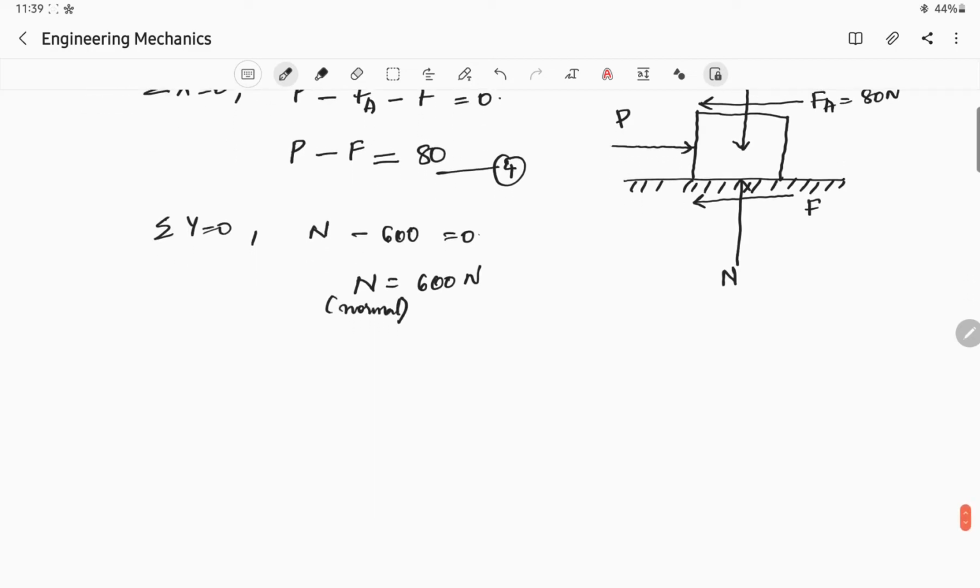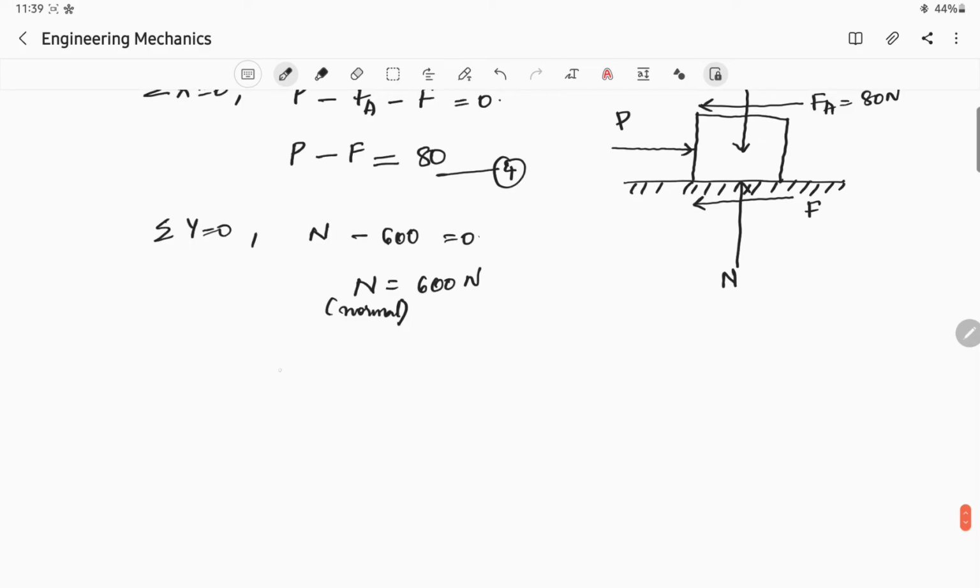Okay, next we have F is equal to mu N. So F is equal to, what is N we got? 600 into the coefficient of friction, which is 0.4 at all contact surfaces. So 600 into 0.4 is how much? F is equal to 240 newtons. Okay, so now substitute the value of F in equation number 4.